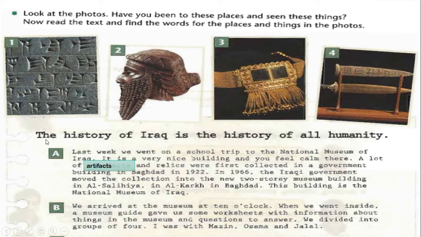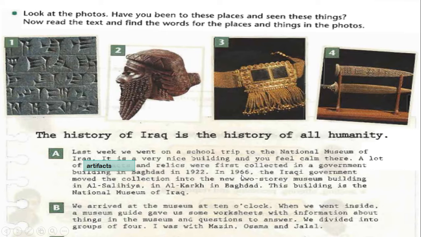Okay? The history of Iraq is the history of all humanity. Last week we went on a school trip to the National Museum of Iraq. It is a very nice building and you feel calm there. A lot of artifacts and relics were first collected in a government building in Baghdad in 1922.